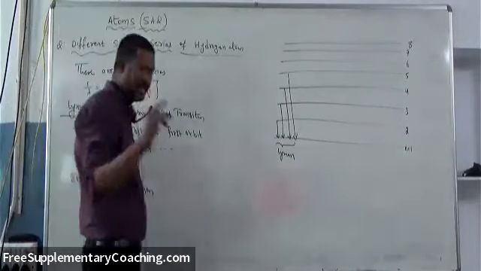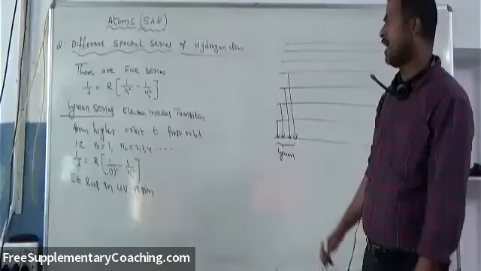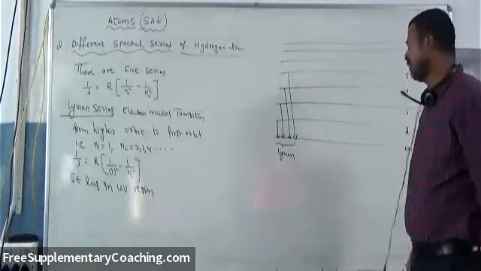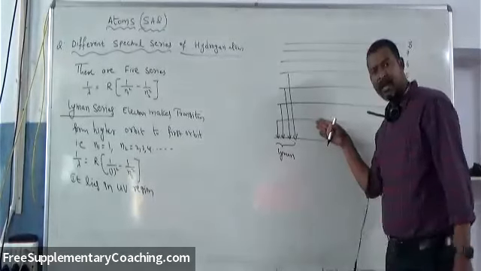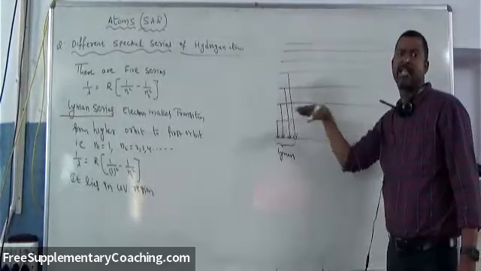Now coming to the second series after the Lyman series. The second series is when an electron makes a transition from a higher energy level to the second orbit.